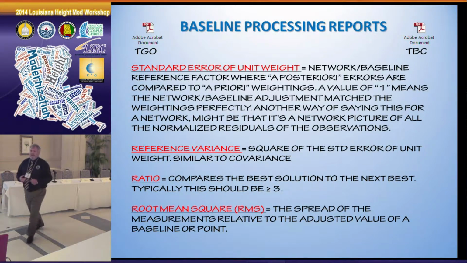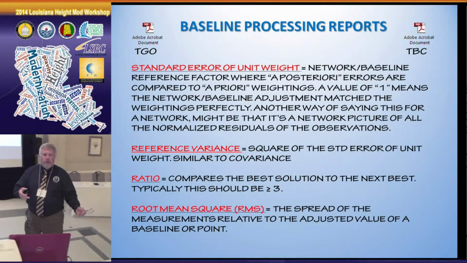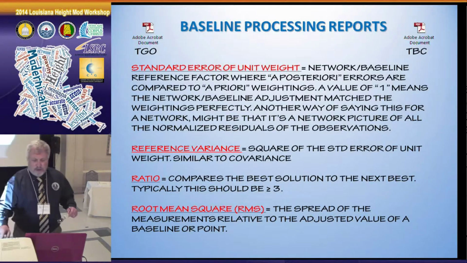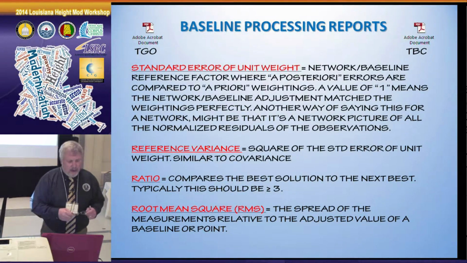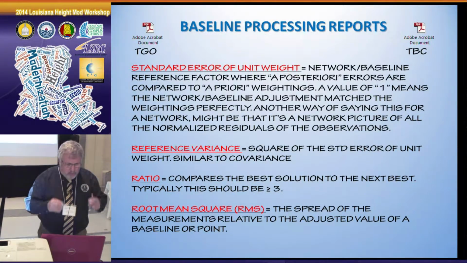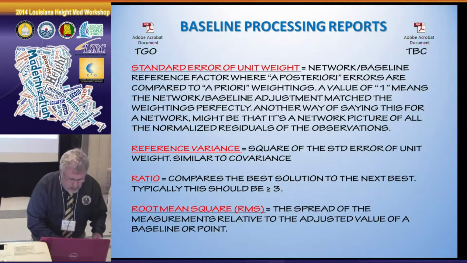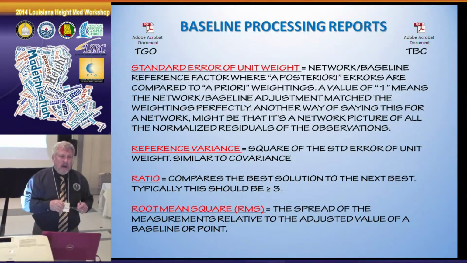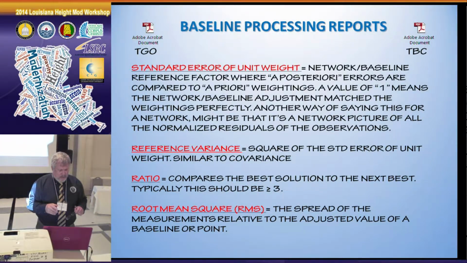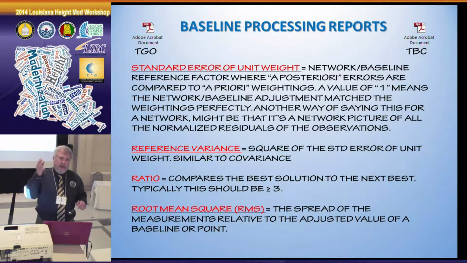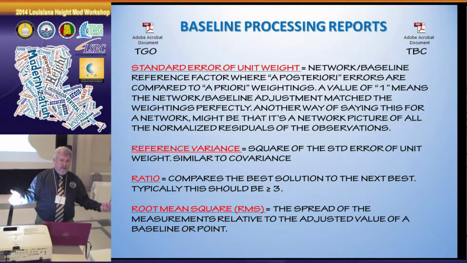Baseline processing, TGO, TBC, that's what we were using. I just want to show you how the reporting has changed. By the way, standard error of unit weight is just the a posteriori errors compared to the a priori errors. In other words, what happened versus what you expected to happen.